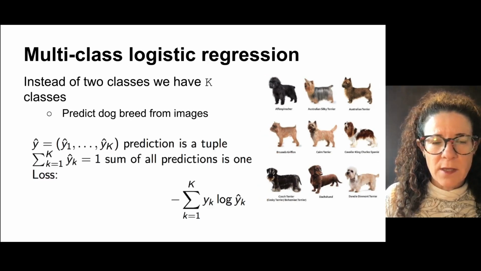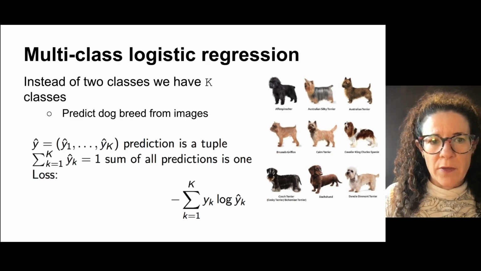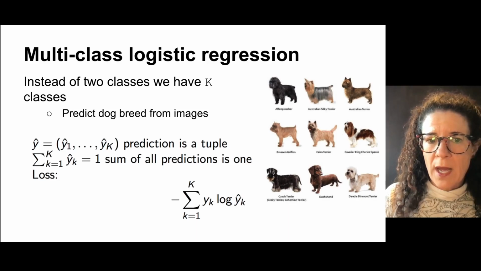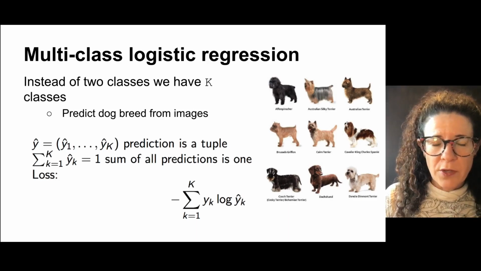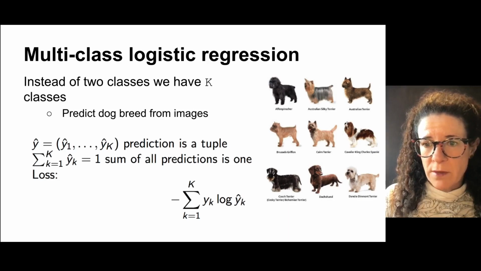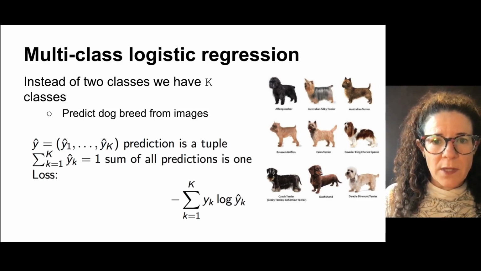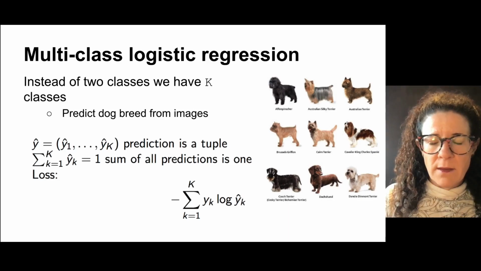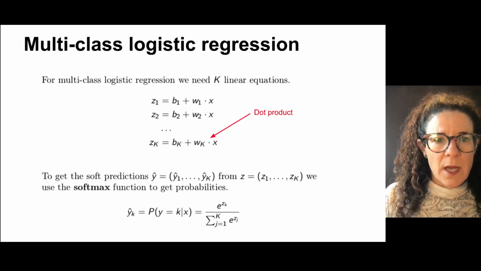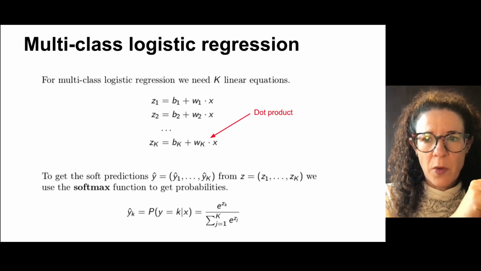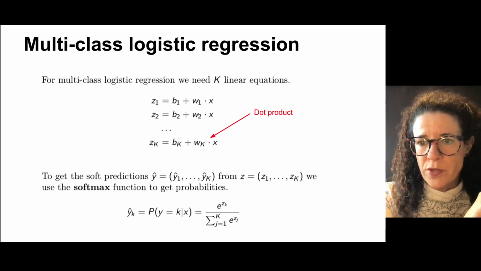Our y hat is going to be the probability of each one of these classes of dogs, a k-dimensional vector, and these probabilities are going to sum to 1. The loss function we use is log loss, which you have seen before, and this is the formula.